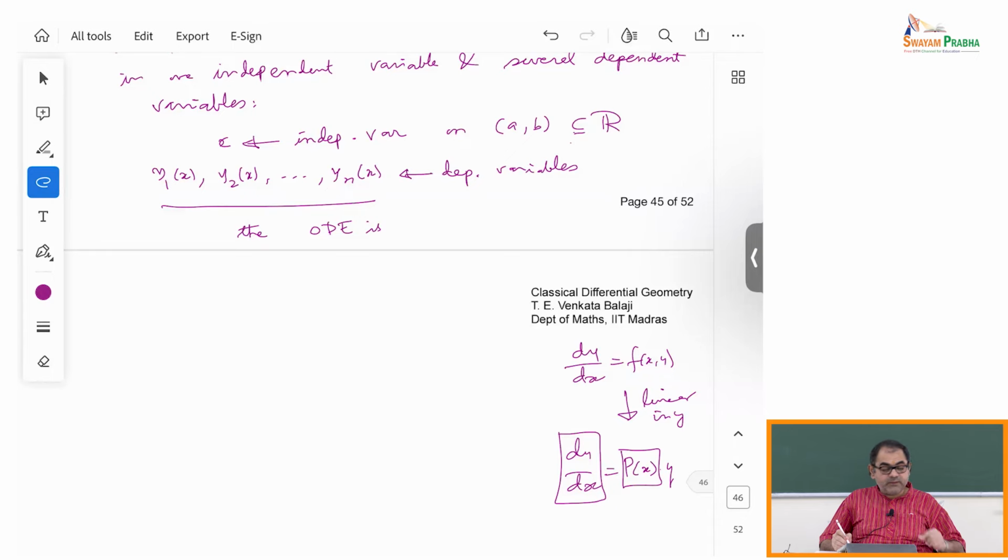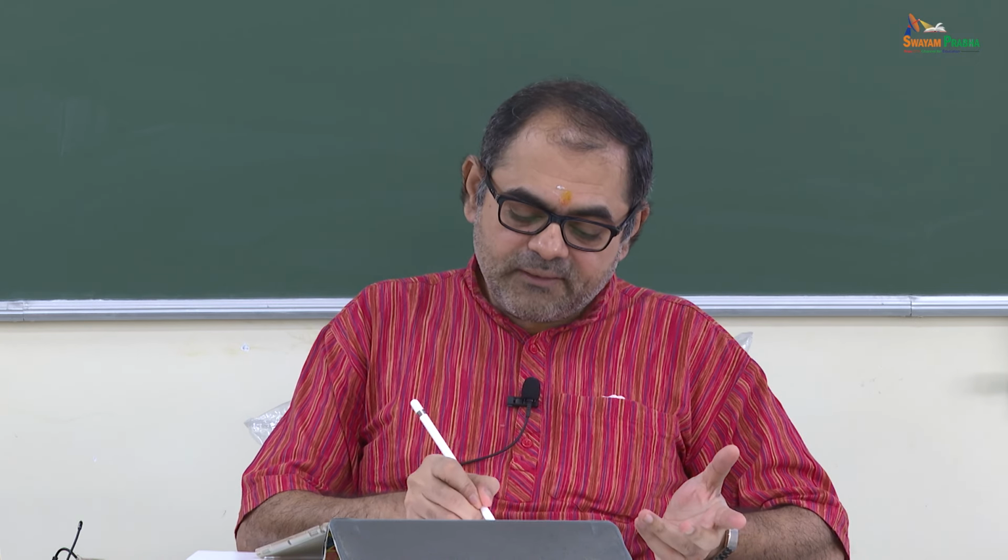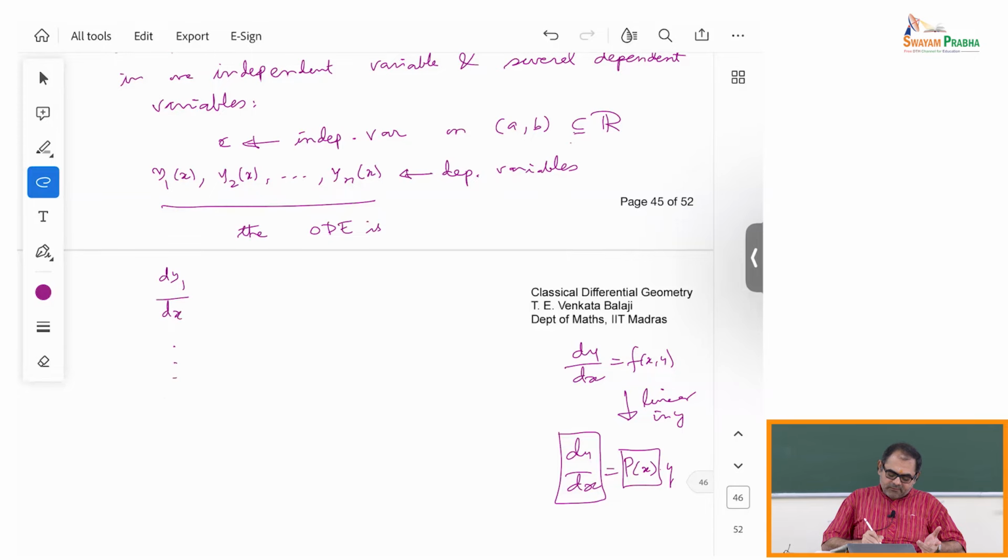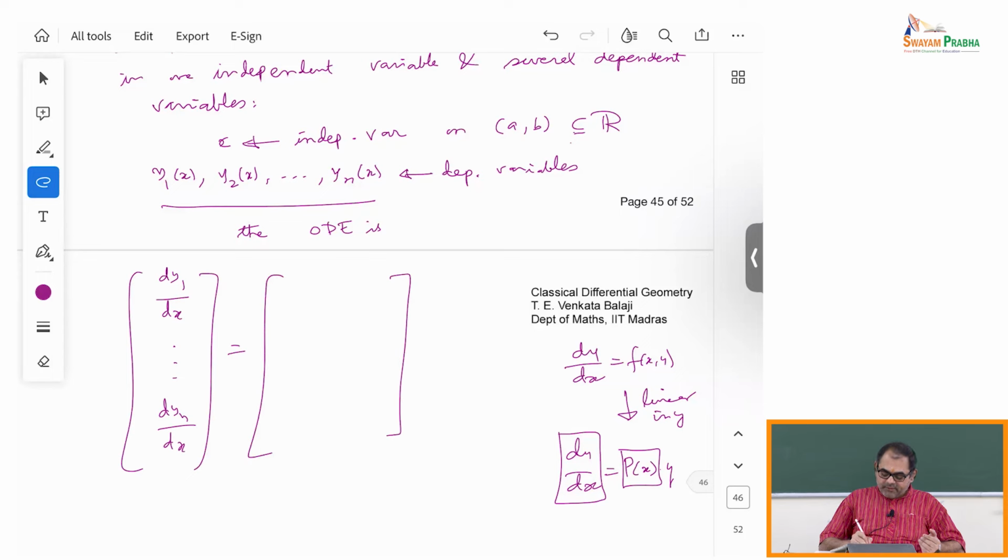But there is only one dependent variable. Now if you try to write it for several, how will you write it? You will write dy1/dx down to dyn/dx as a column, equal to a matrix a_ij(x) times the column y1 through yn. This is how the ODE will look.